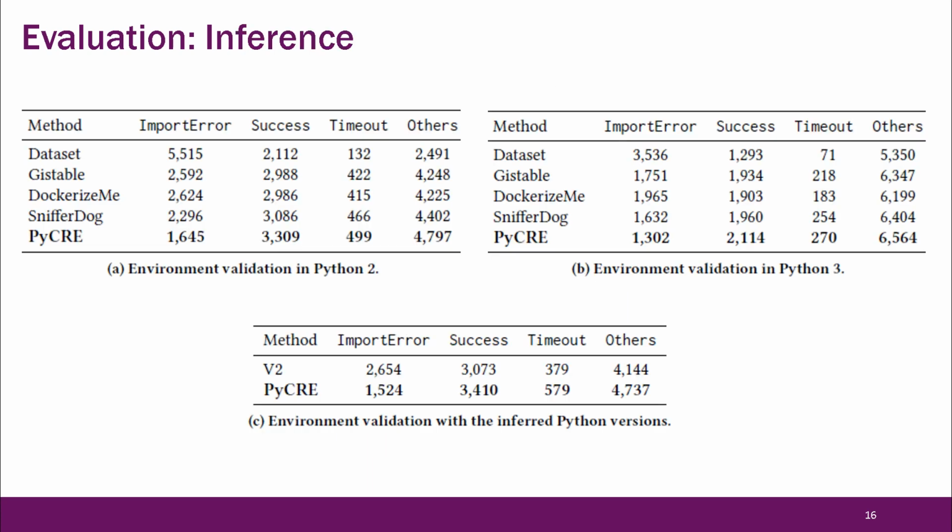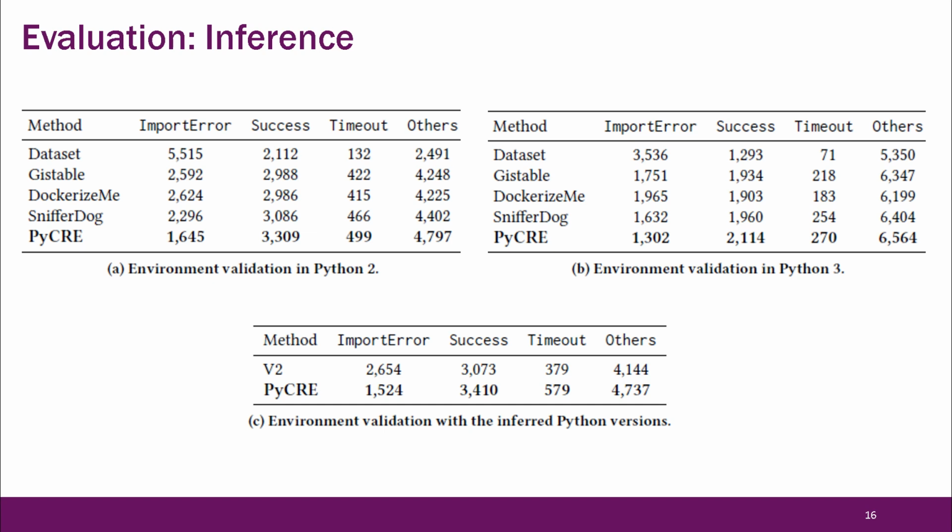We evaluate the effectiveness and the efficiency of PyCRE in inferring Python compatible runtime environments compared with the related work. Since only our PyCRE and V2 can infer the Python version for target code, we conduct the experiments in 3 environments: Python 2, Python 3, and the inferred Python versions.